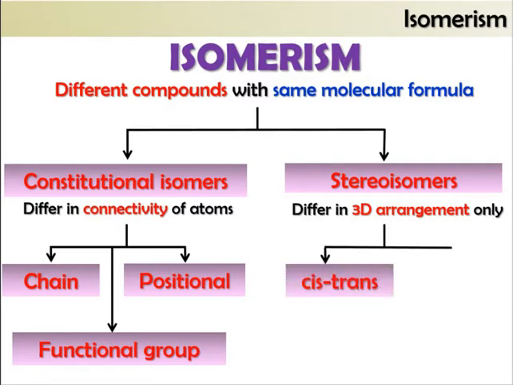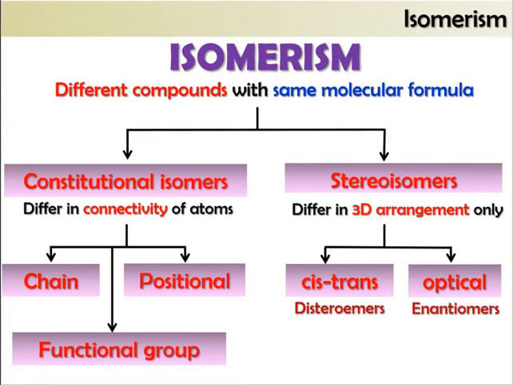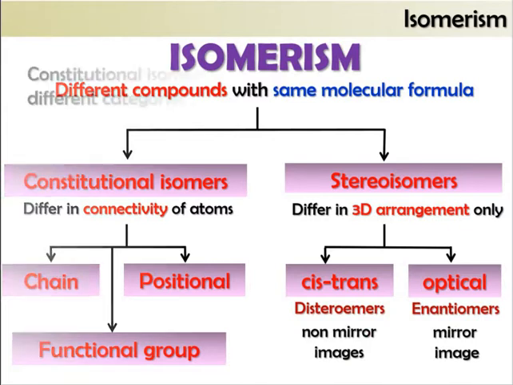So we have two types of stereoisomer, cis-trans isomer and optical isomer. Cis-trans isomer dikenali juga sebagai diastereomers and optical isomers are enantiomers. For diastereomer, it is non-mirror image and for optical isomer, it is mirror image. Okay, kita akan lebih spesifik nanti in the next video. Alright.